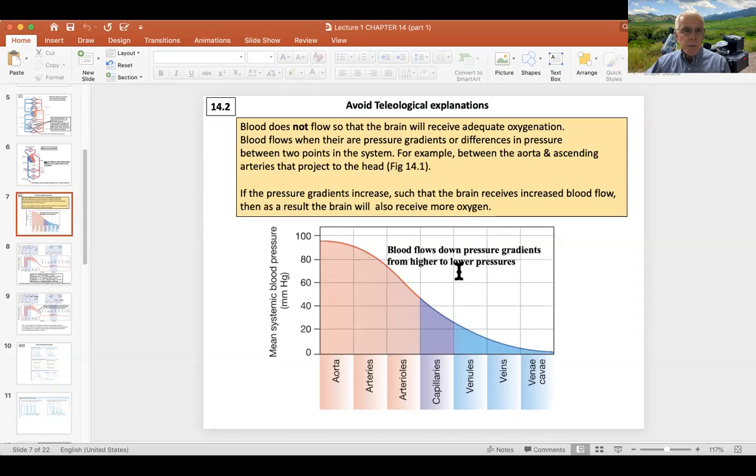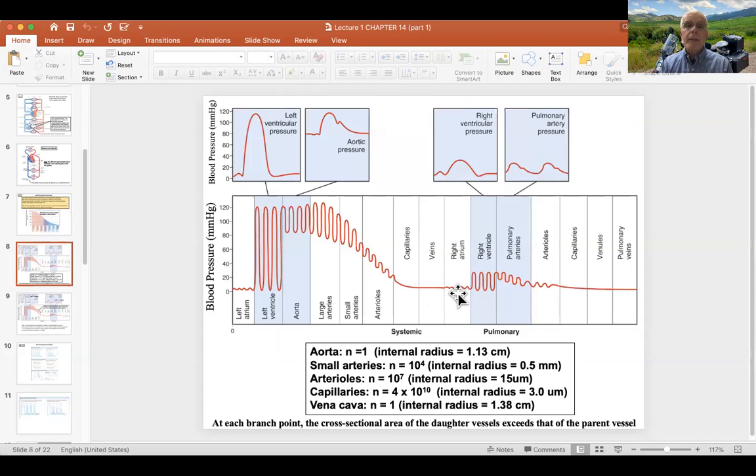It could be the difference between the aorta and the abdominal arteries or renal arteries. But the only way that blood will flow is if there exists a pressure difference. The pressure has to be higher upstream in order for the blood to flow downstream. It's really, at the end of the day, just that straightforward, although we're going to look at it in a little more depth than that.